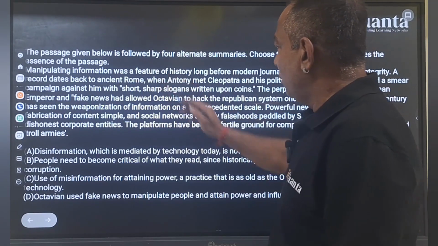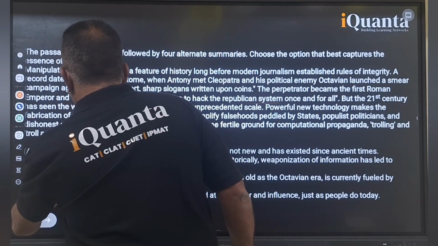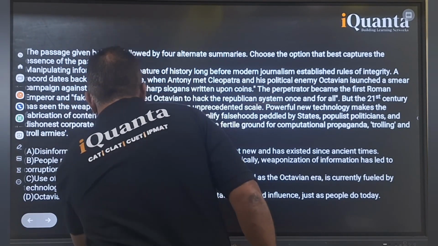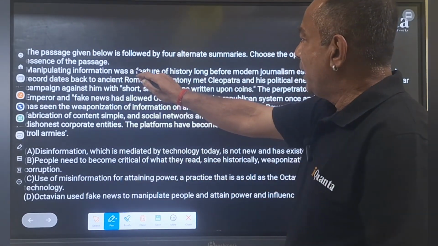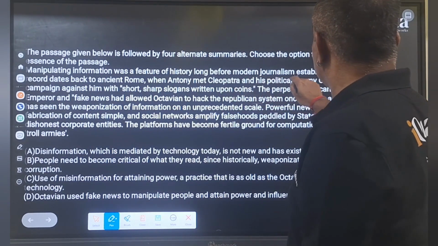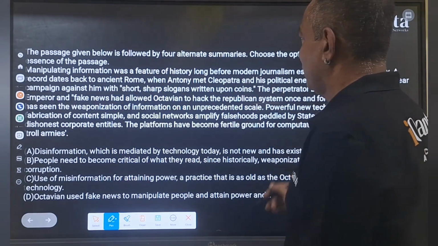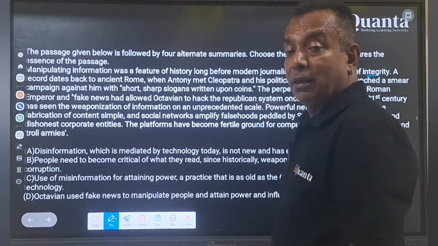Manipulating information. Again, let me just get this marker here, so that I can mark the words here. Manipulating information was a feature of history long before modern journalism established rules of integrity. Integrity here means honesty.